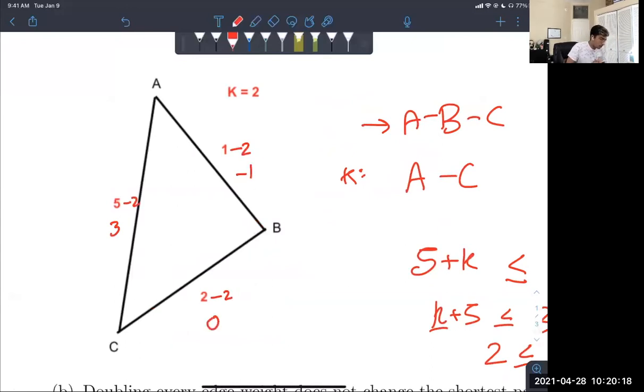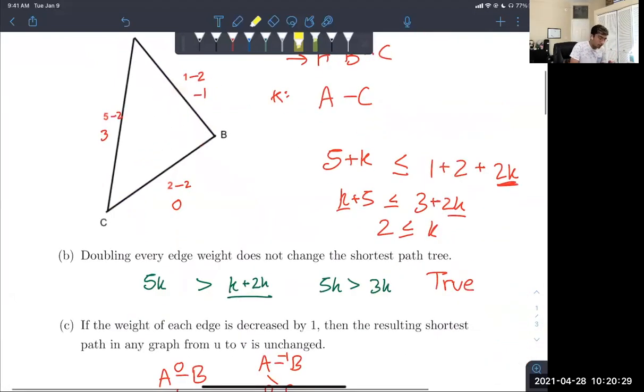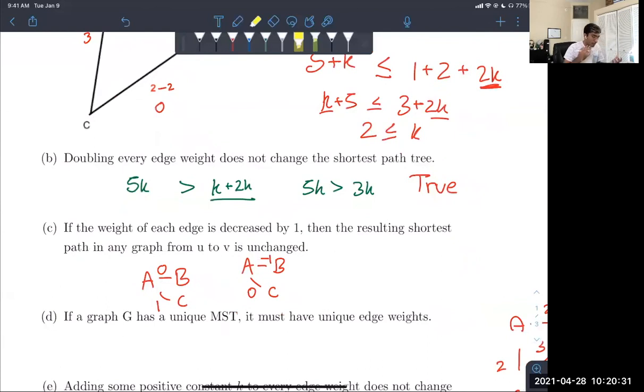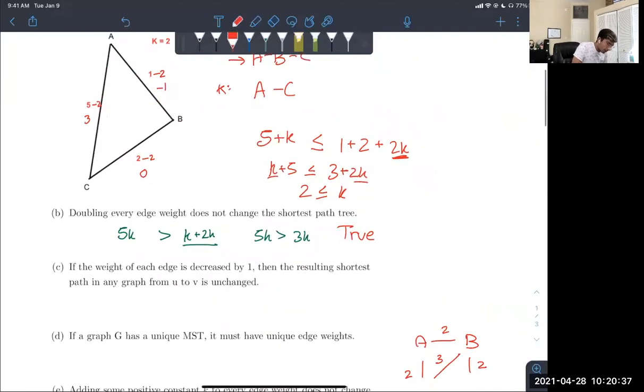And now we created the path where AB would still be the shortest possible path, but similar to part A, there's a chance that they compound and ultimately we get a path that is different than what we initially created. So let's show this a little bit more mathematically. So let's say 5 minus some K value, and then we can say 1 plus 2 minus 2K, again, because it compounds, which is different.